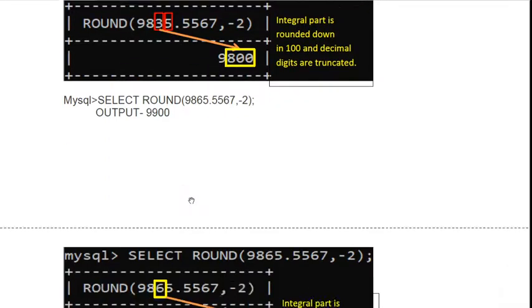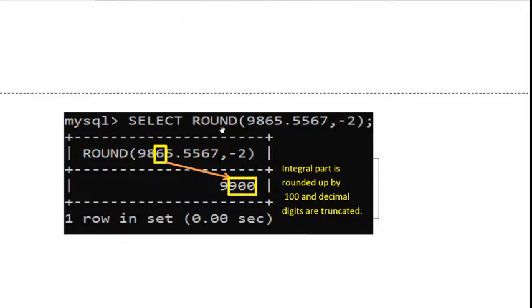Okay, you can see the output. Round 9865.5567 minus 2. This time the digit is 6, which is more than 5. So it will be coming to the next 100. This is 800. So after 800 is 900, rounded in hundreds. And all decimal parts are truncated.